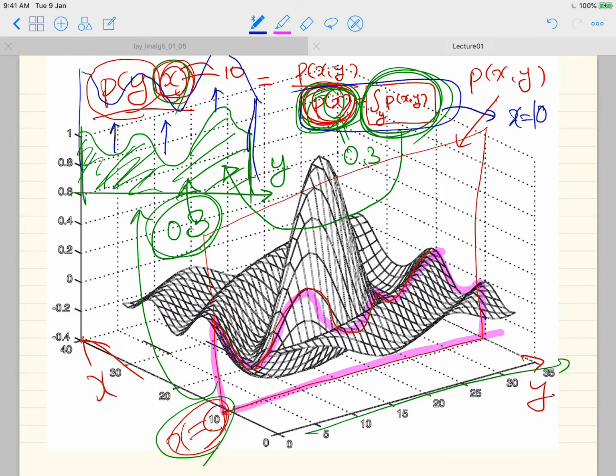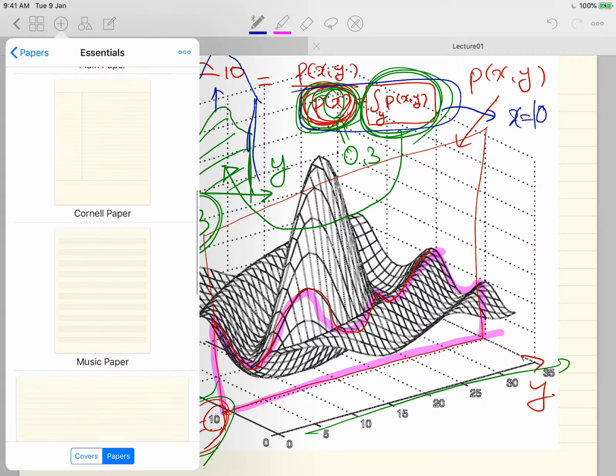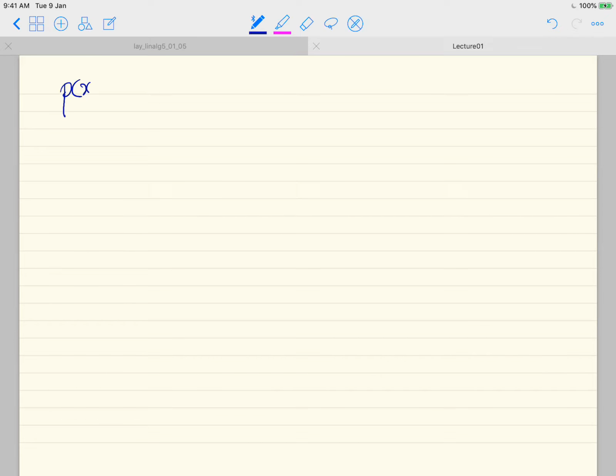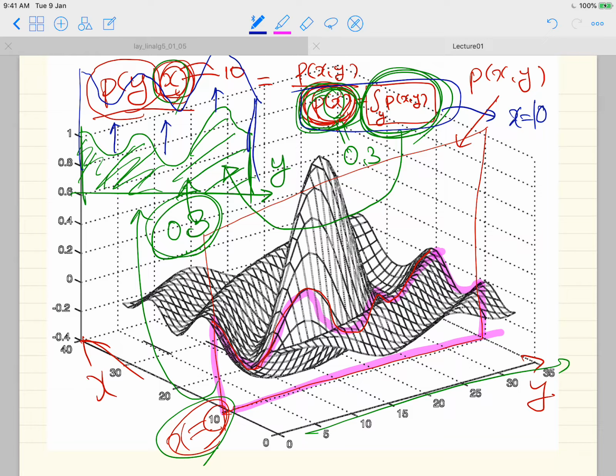What if we consider all the possible x's, and consider this P of x itself? So when x is 10, P of x is 0.3, right?